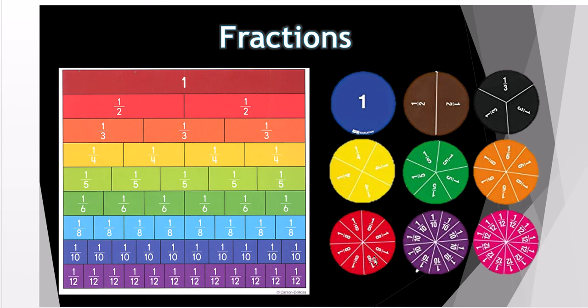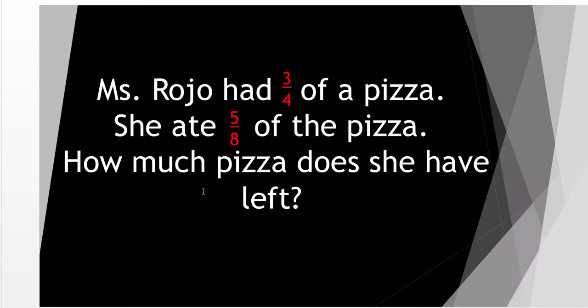The whole is the entire thing, and the denominator tells you how many pieces there are, like into how many pieces it is divided, and the numerator tells you how many are affected, shaded, eaten, etc. You get the point.